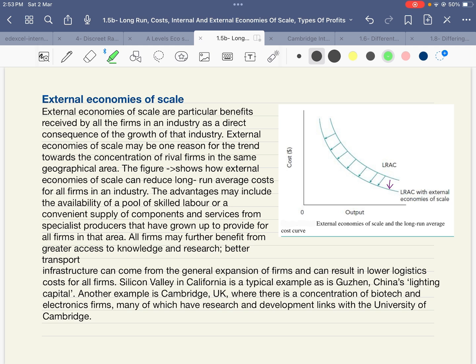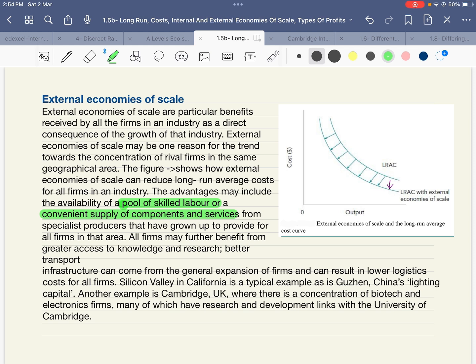Those advantages may be a pool of skilled labor, meaning skilled labor is available to work in those industries. Also, convenient supply of components and services from specialist producers that have grown up to provide for all the firms in that area.